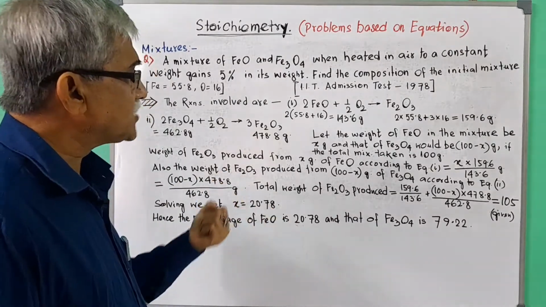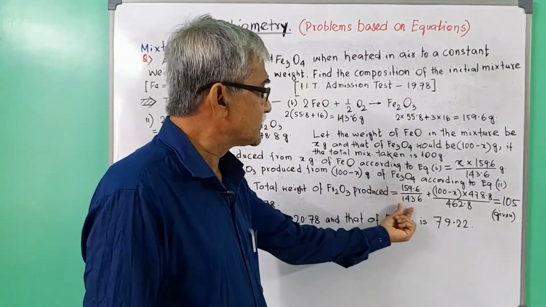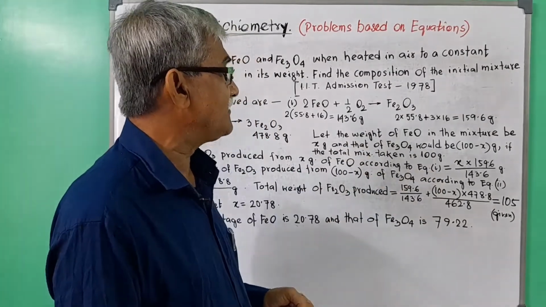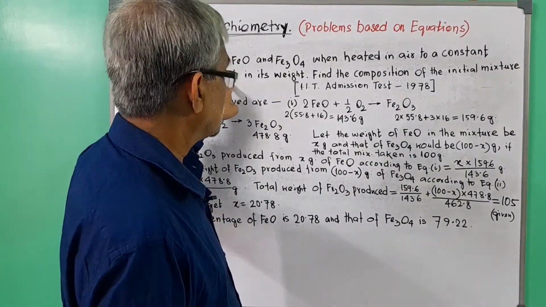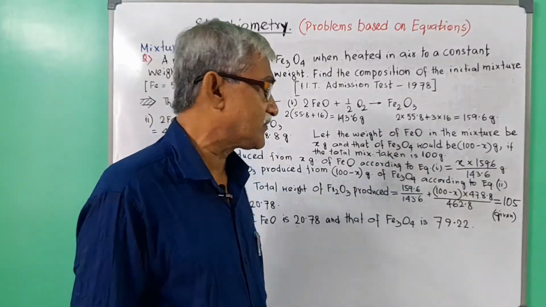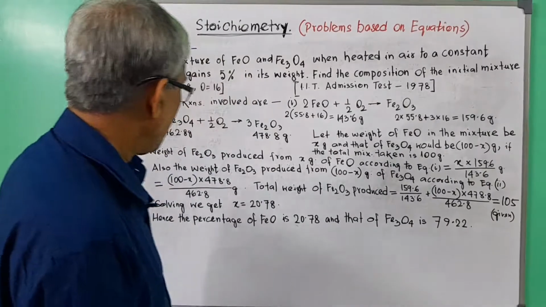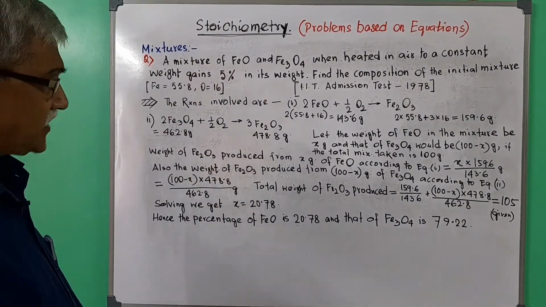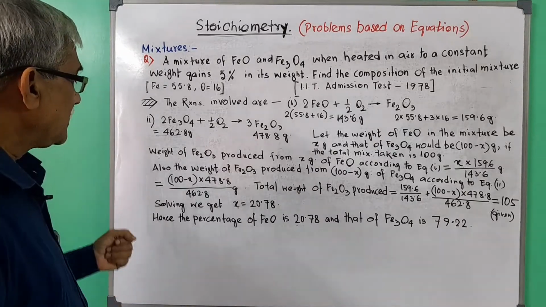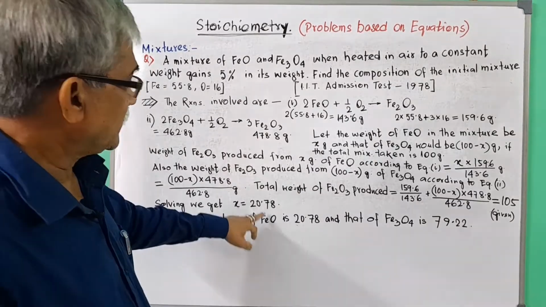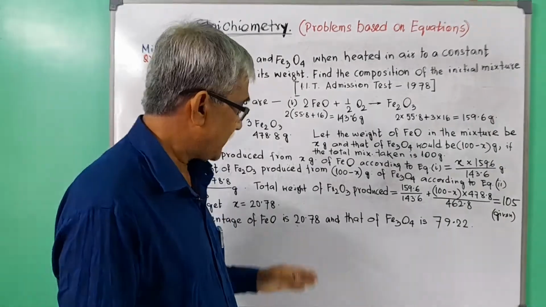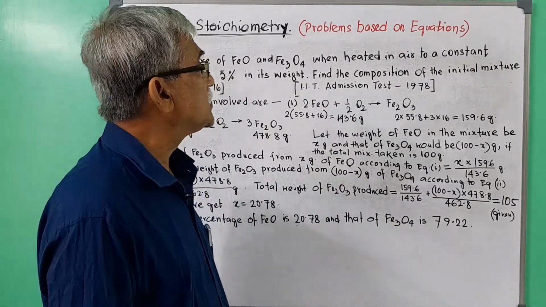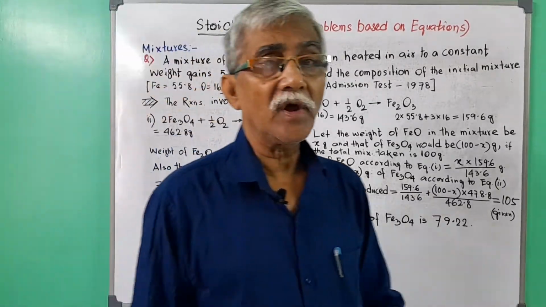Therefore, the total weight of Fe2O3 produced would be the sum of these two, and that equals 105, as given, 5% gain in its weight. That is, 100 grams was there, and now it is 105 grams. Now just solve it for x, and you get x equal to 20.78 grams. So hence the percentage of FeO is 20.78, and that of Fe3O4 is 79.22. That is the answer.